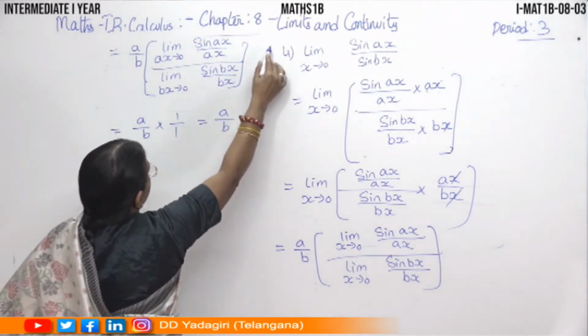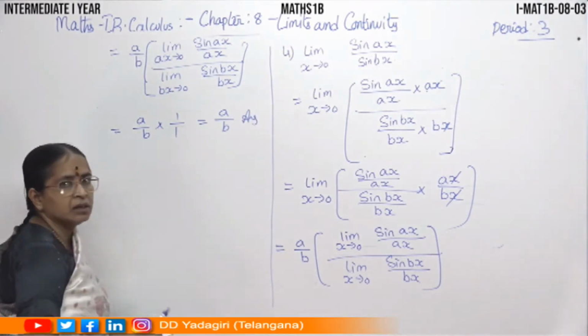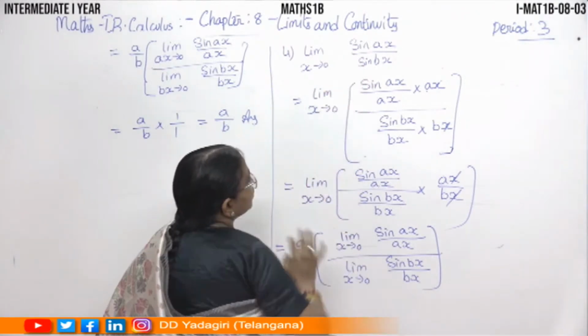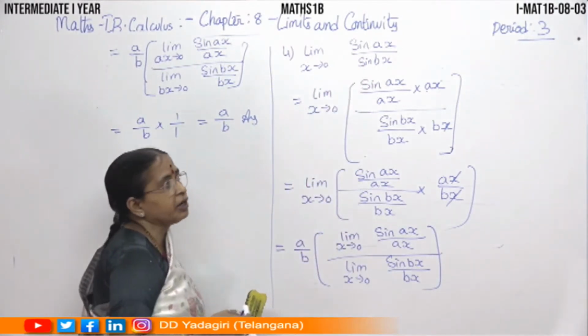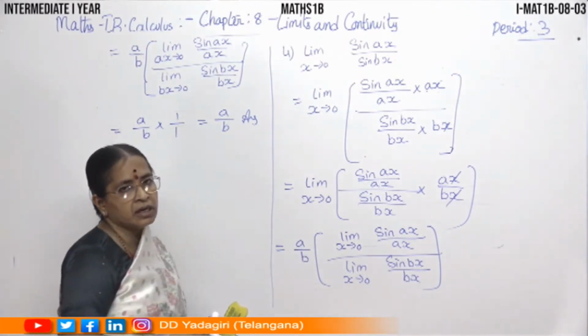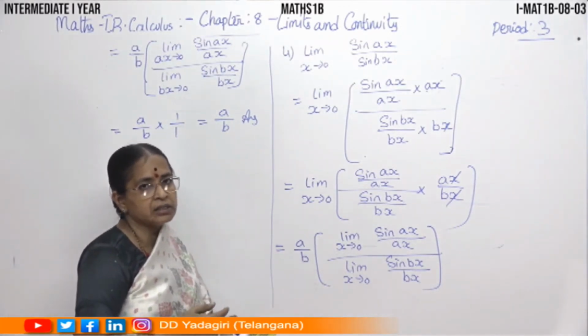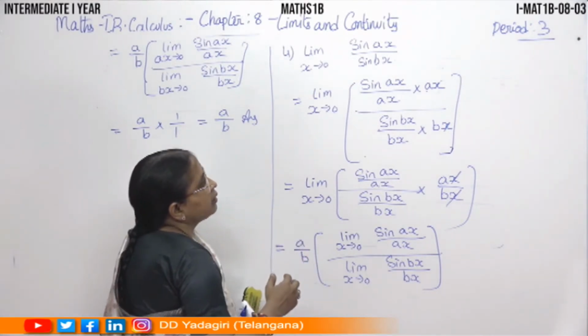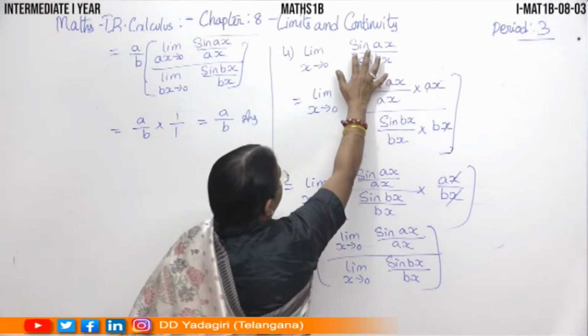Like this we do the problem. So first understand the procedure. After observing this, we could see that it is in the indeterminate form. So we should now think of reducing it to the standard form. You cannot use any factorization or rationalization here. What is the standard limit? Sin x by x.